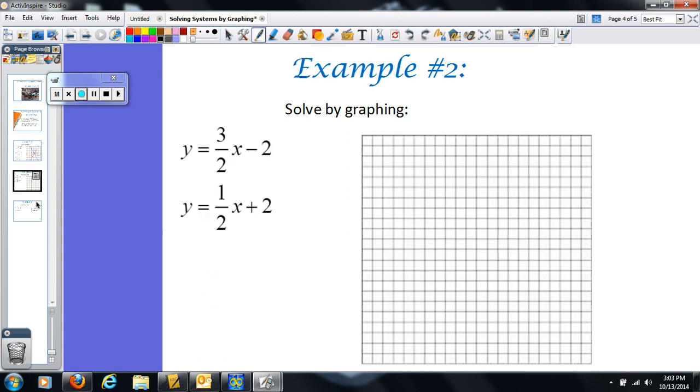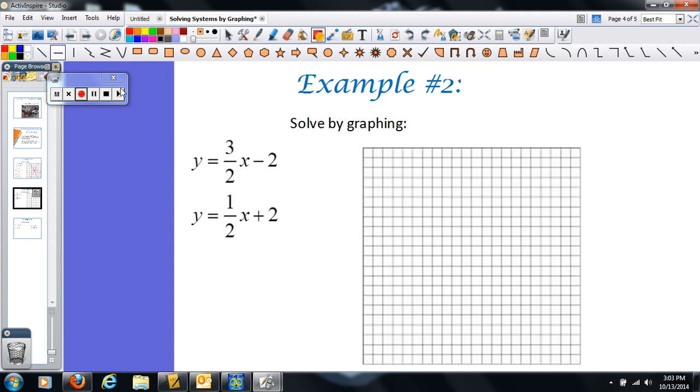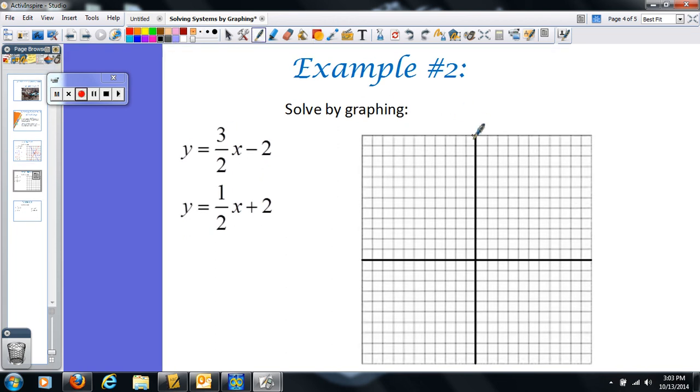It's going to be the exact same type of thing. We're going to graph these again, same exact way that we just did. Here's my x-axis. Here's my y-axis. Put my arrowheads on. And we'll do the same color, so we're going to go blue, or red is M1 this time. Our slope is 3 halves, so it's up 3, right 2.